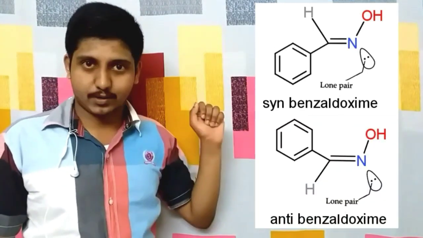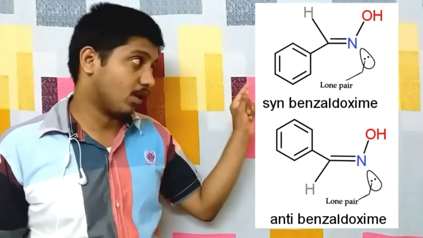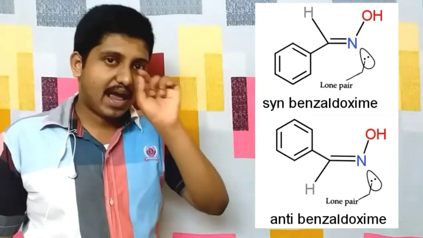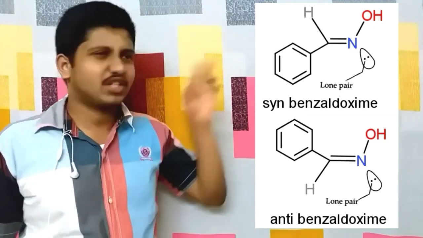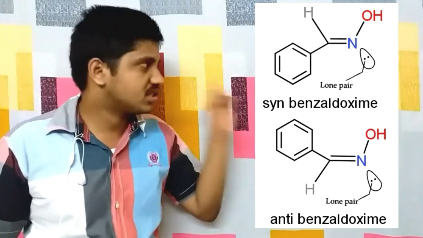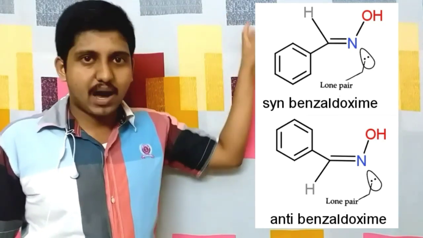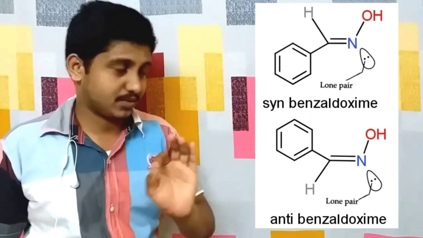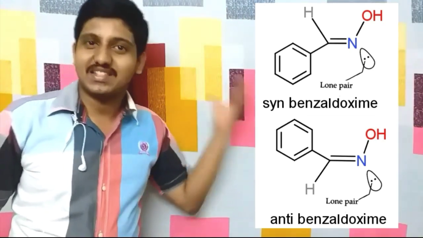Firstly, let's take the case of benzaldoxime. This is the syn benzaldoxime. Here N has only one substituent, the OH, and the other part is a lone pair of electrons. So how do we write syn and anti?